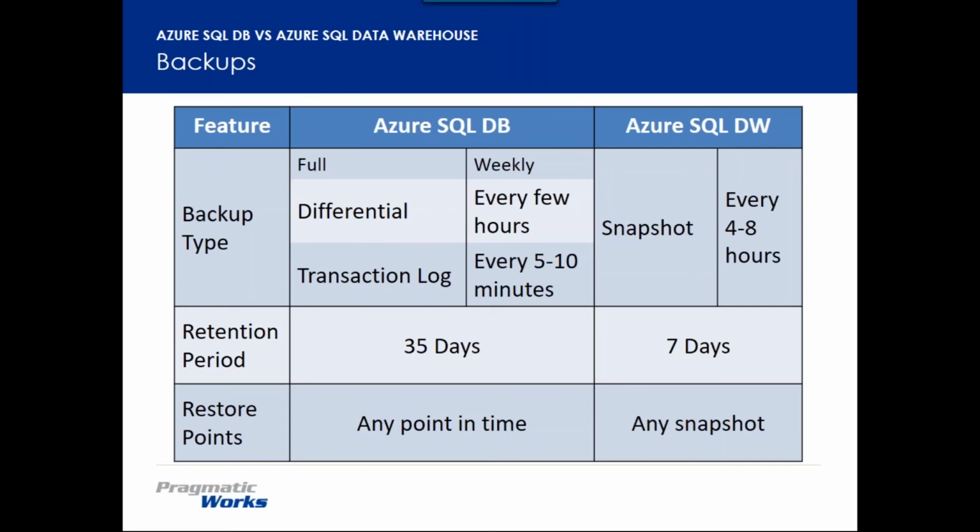For the Azure Data Warehouse, it's a snapshot, and it's taken every 4 to 8 hours, depending upon availability of the service. And then those backups of the data warehouse are only maintained for a maximum of 7 days, whereas with the database, you can keep them for up to 35 days. That's available with the service. There are techniques for retaining them for longer, but that's outside the scope of the platform service.